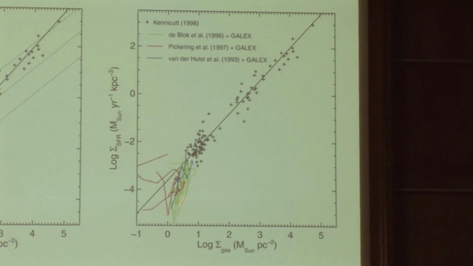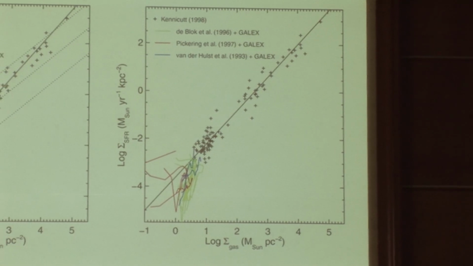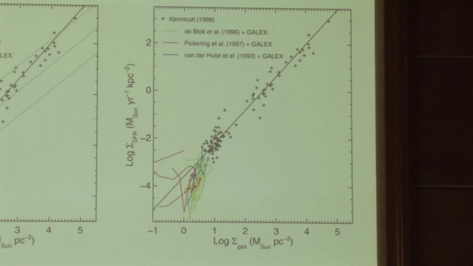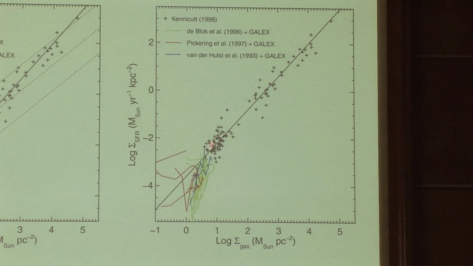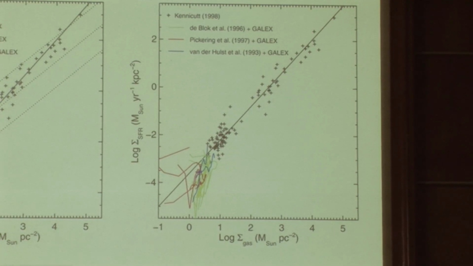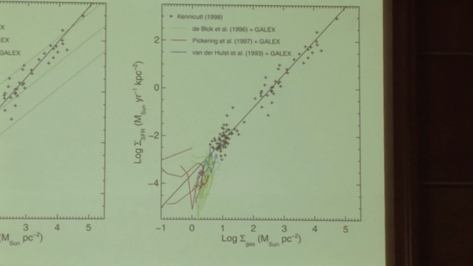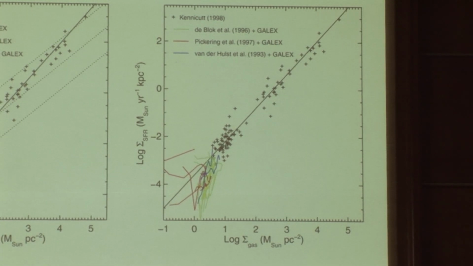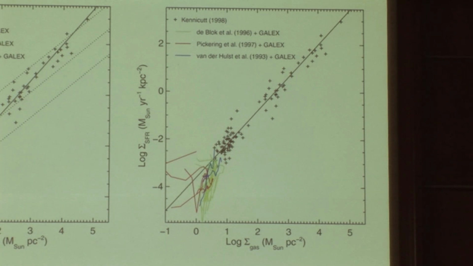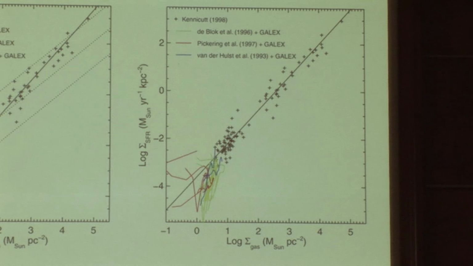And you can see, likewise, even within each of those galaxies, the fall off in star formation rate and gas density with radius is highly nonlinear. In other words, although both the gas density and the star formation rate are falling off, the star formation rate is falling off much faster than the gas density. So you really are finally entering this threshold regime in the low surface brightness galaxies.